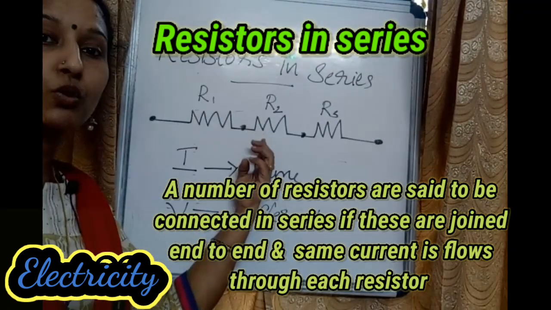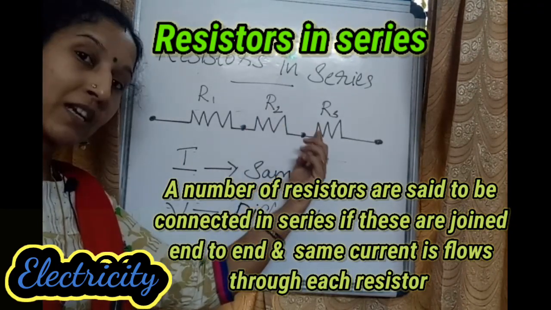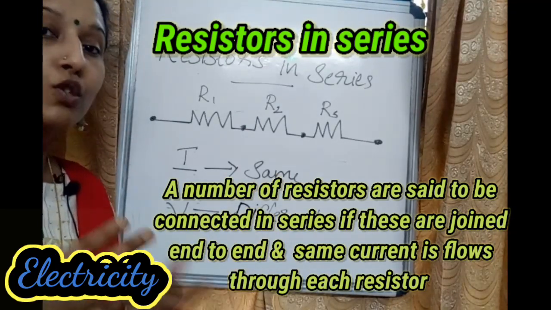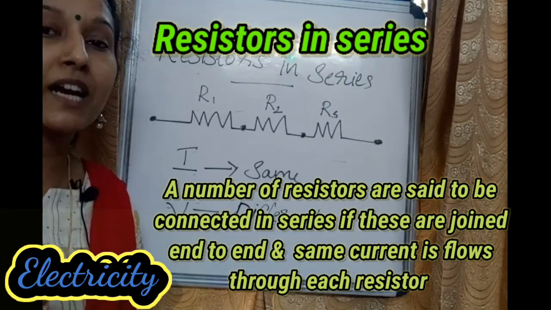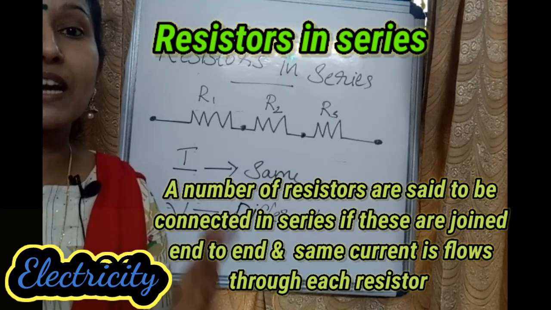One end is connected to the other end, and so on. If the resistors are connected end to end, such type of arrangement is known as series arrangement.